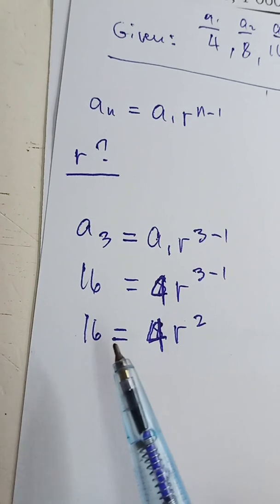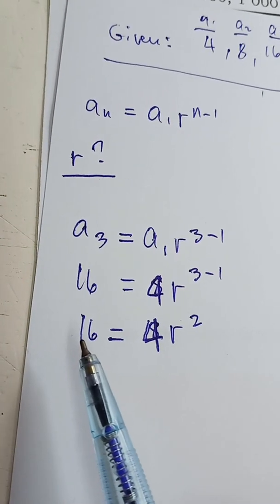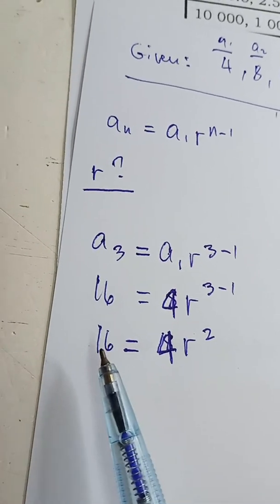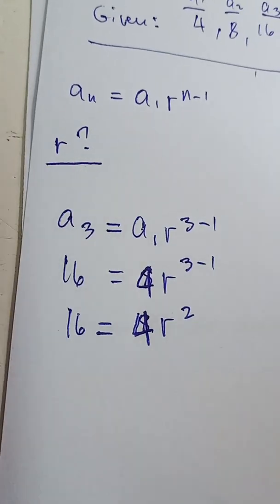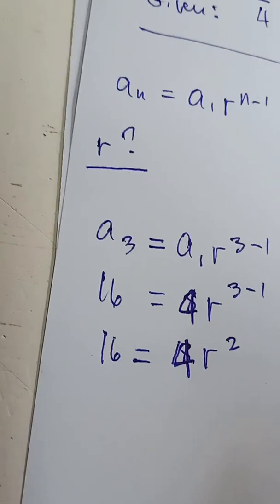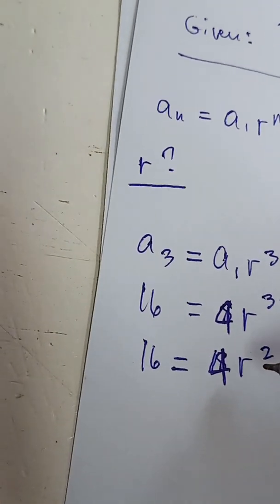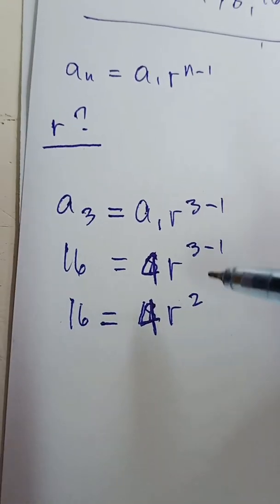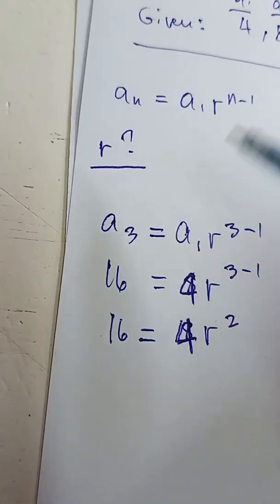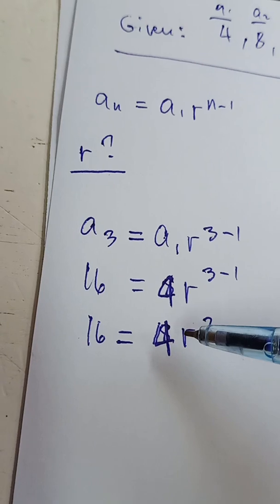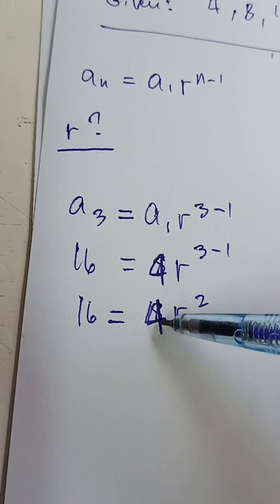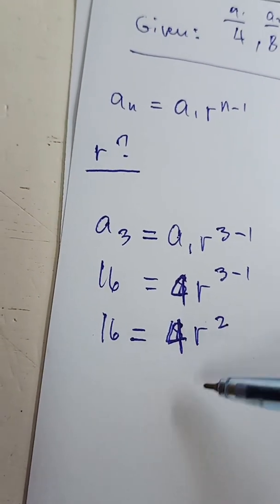Yung left-hand side naman ay consist of 16 or naglalaman ng 16 lang, ano? So if we are going to get the value of r, we need to take out first yung mga numbers na nakadikit kay r. So dapat matanggal yung 4, matanggal yung 2 para r na lang talaga.